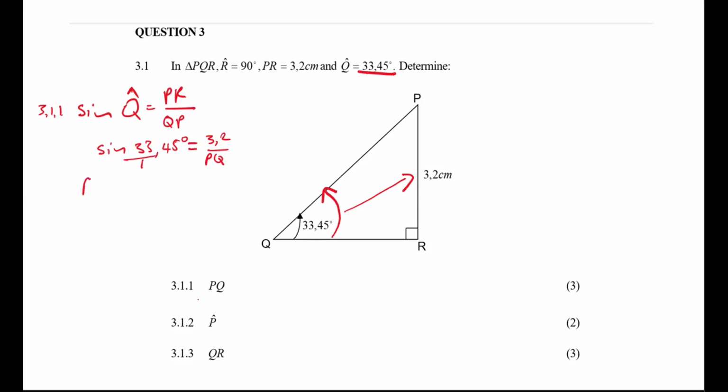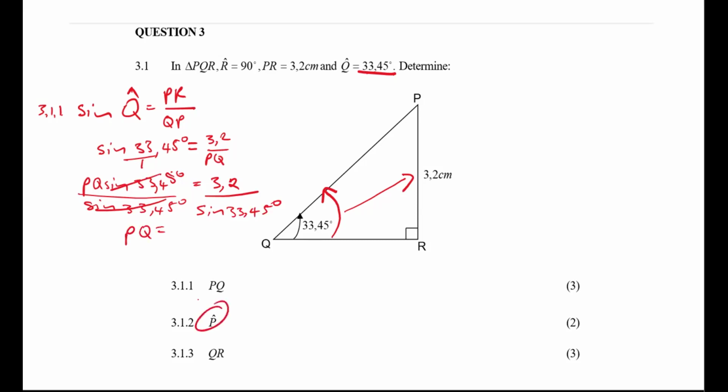So I'm going to have PQ sine 3,45 degrees is equal to 3,2, and divided by this. Then you get your answer from the calculator.